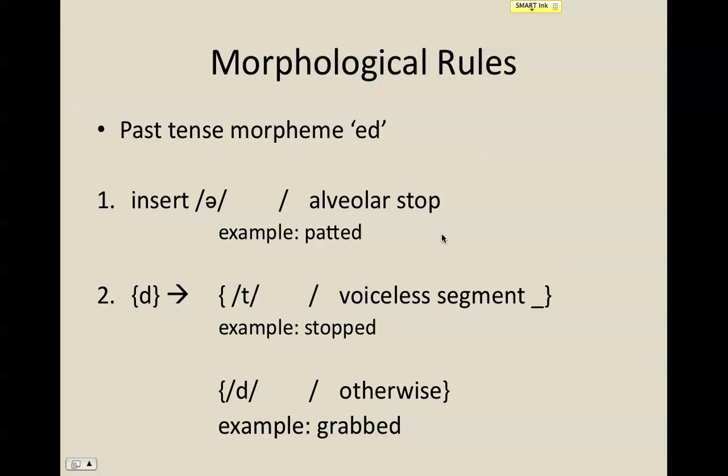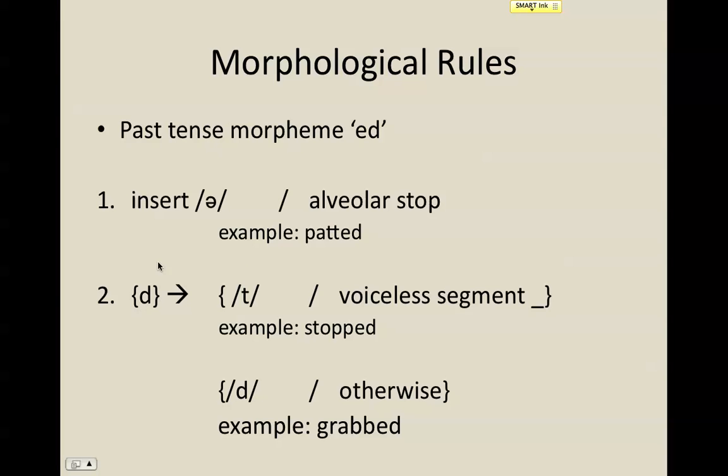Okay, so in the example padded, t is an alveolar stop, so we would insert the e before d. So padded, padded, right? Because we have the alveolar stop before that inflectional morpheme.